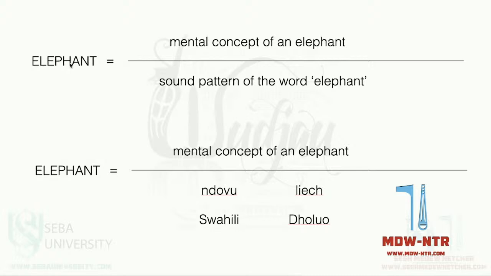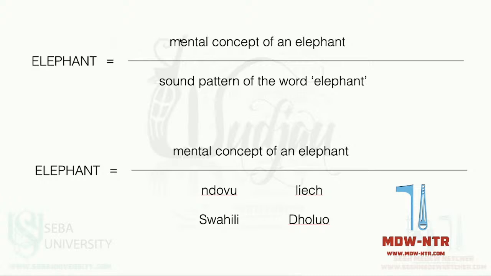On the concept side of this word, we have the mental conceptualization in our minds. This is the psychological part of this word, and that would be of a large gray animal with big ears, a long snout, and it weighs tons. That's what we mentally conceptualize of this word.